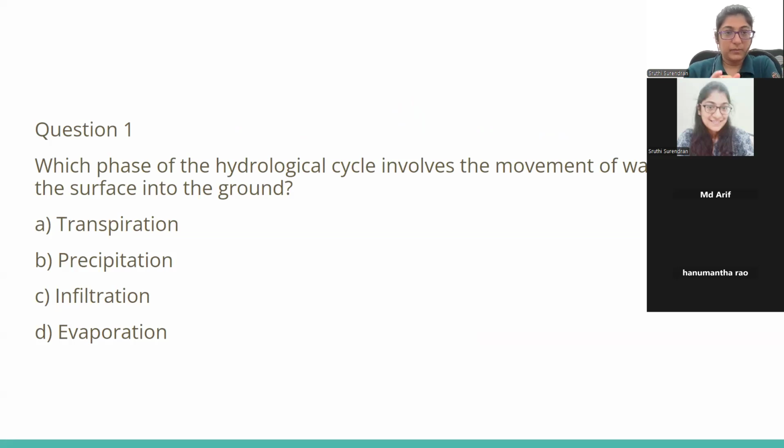assignment. Which phase of the hydrological cycle is involving the movement of water from the surface into the ground? Is it transpiration, precipitation, infiltration, or evaporation?